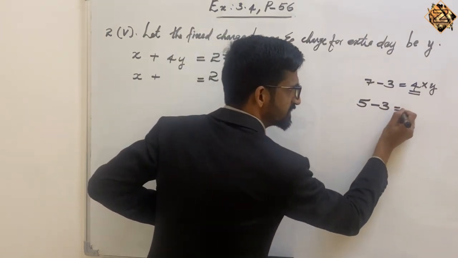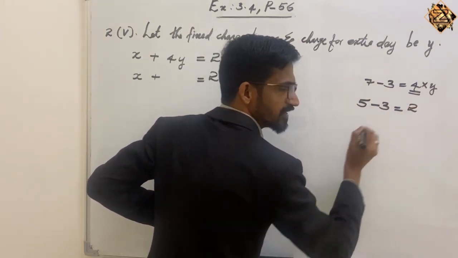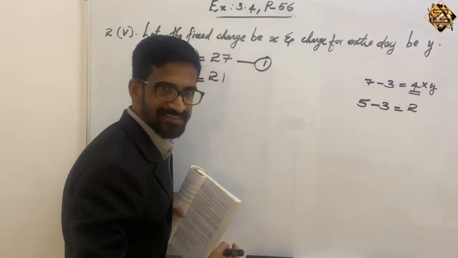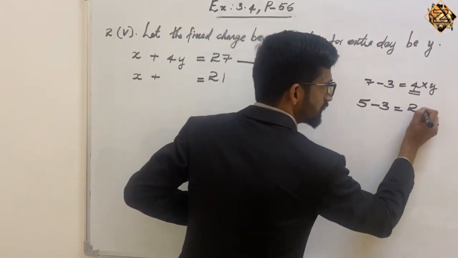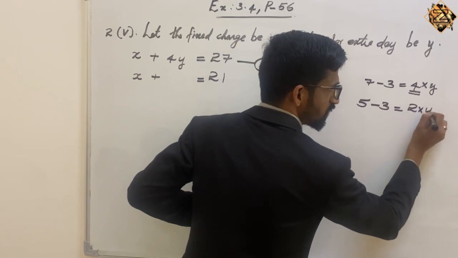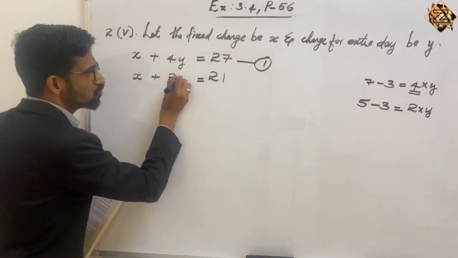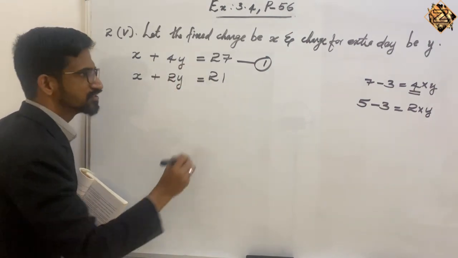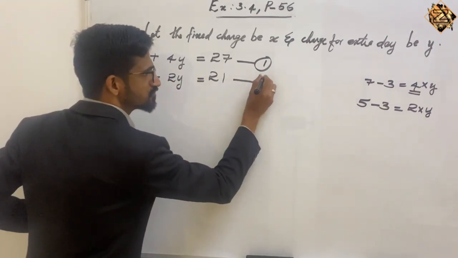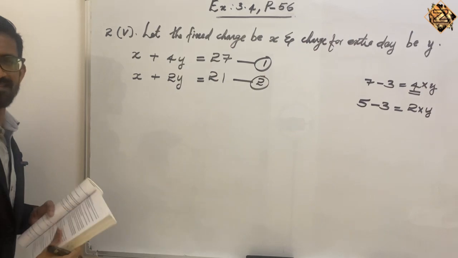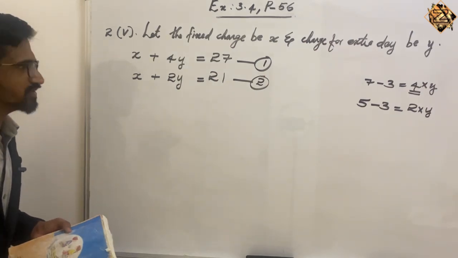The number of days remaining is 2. So for 2 extra days she has to pay a particular amount, that is y. So that is x plus 2y equal to 21. So we got equation 2 as well. Hope it is clear.